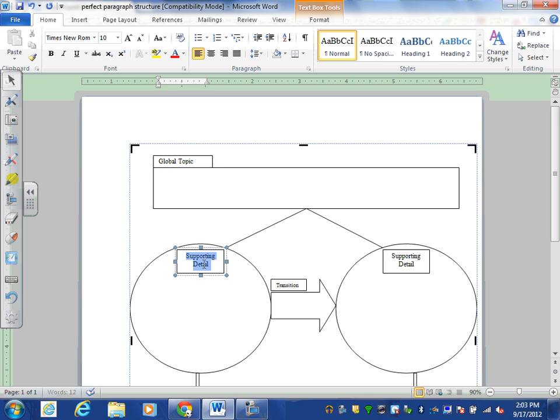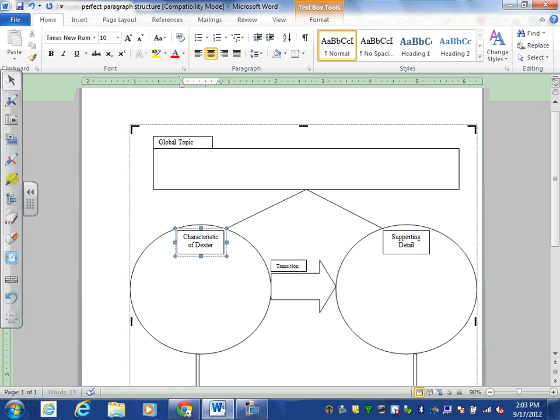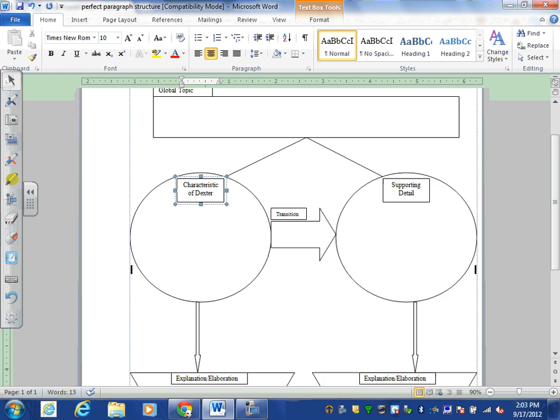Here would be your characteristic of Dexter that you want to signify, whether him being a serial killer or a vigilante, right?